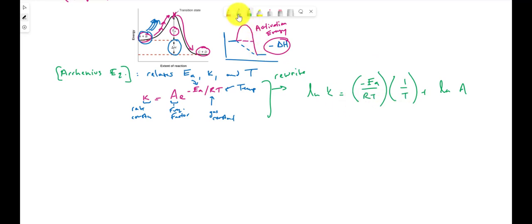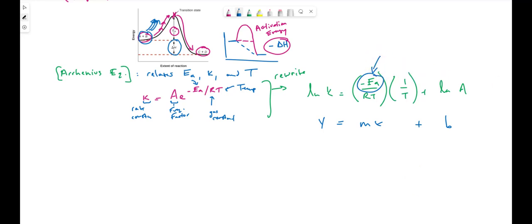The reason why this is beneficial is if you look at this, the consistent theme in this class is that this is written in a linearized form, which is the same as saying that this is in the form of y equals mx plus b, which is how we would go about experimentally determining what the activation energy, this term, is for a particular reaction.